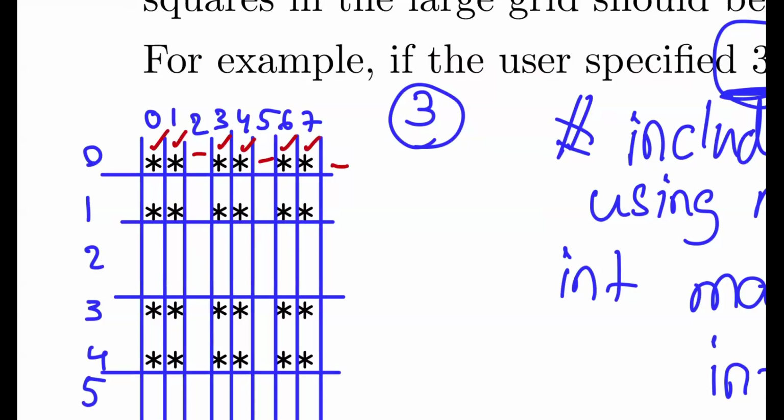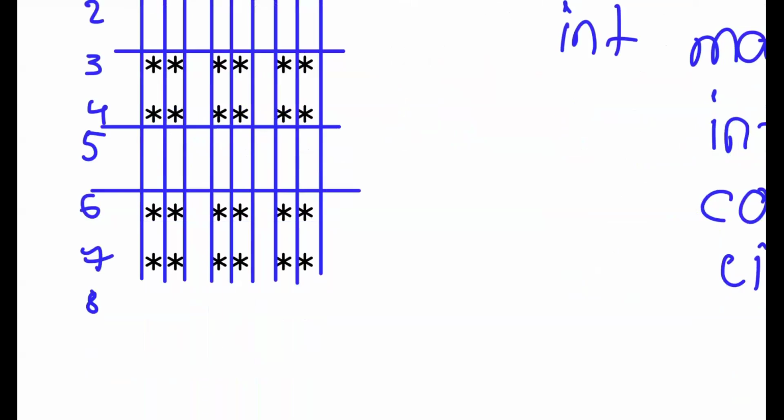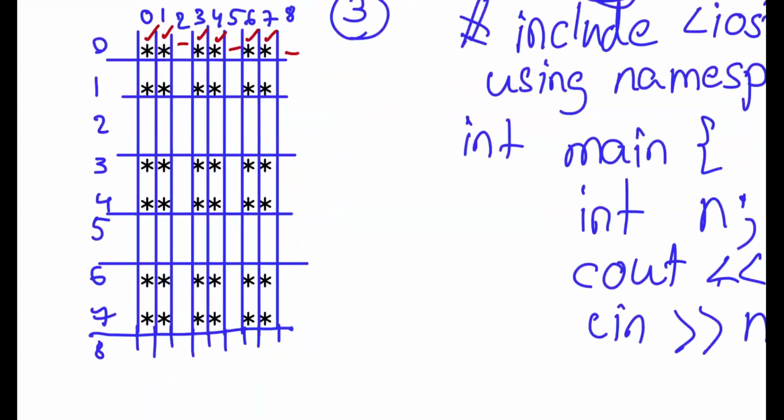So there is a space here, and here there is also a blank space, okay? And then this is a column. So each column you need to write like that, and each row is the same: star, star, space, star, star, space, star, star, space.